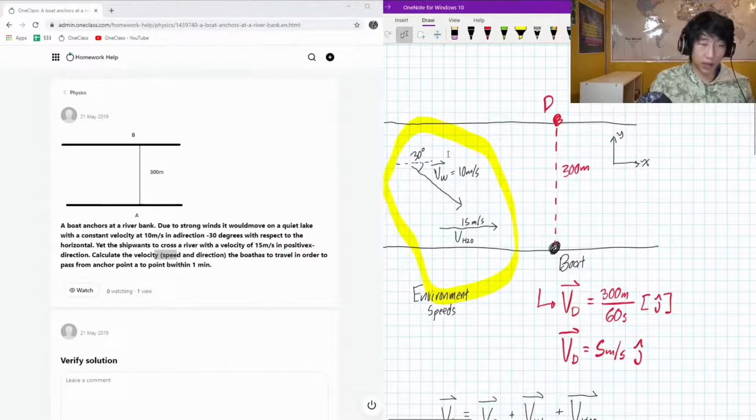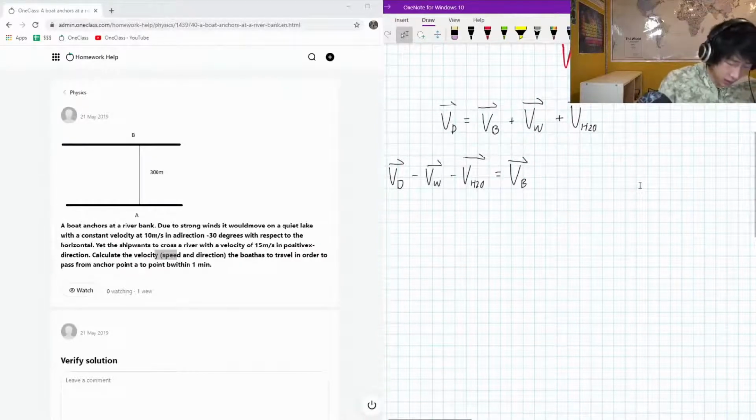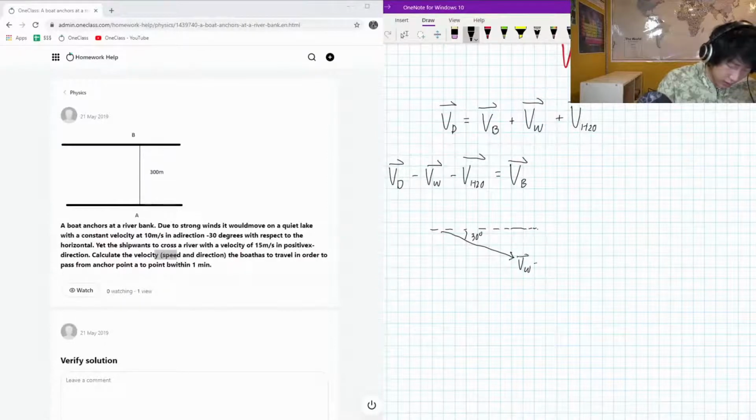Okay, so the first thing that we need to consider is VW. This is 10 meters per second, but it is 30 degrees below, or negative 30 degrees with respect to the horizontal. Okay, so you know that if VW looks like this, and this is our horizontal, that's 30 degrees, and this is VW, and that has a magnitude of 10 meters per second.